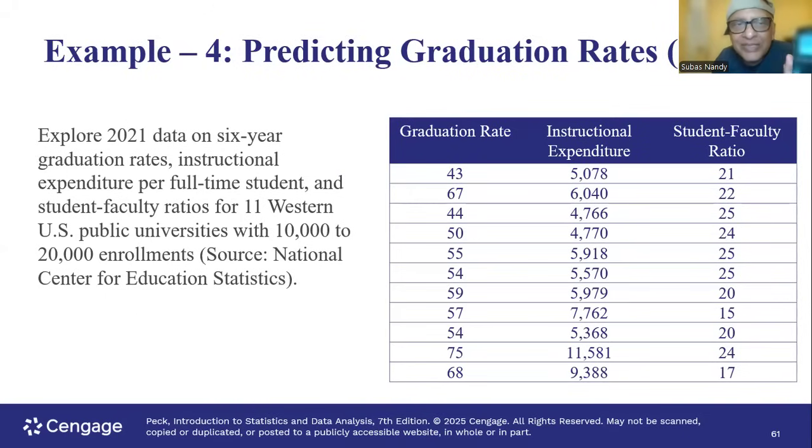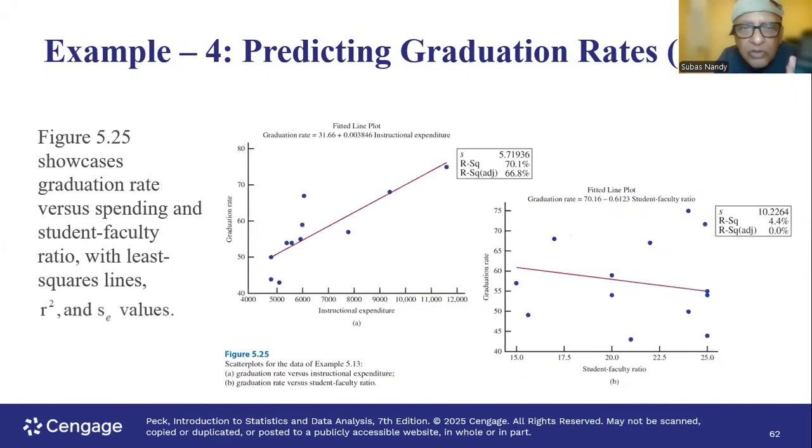So this is another data set, a 2021 data set on 6-year graduation rates, instructional expenditure per full-time student, and student faculty ratio for 11 Western US public universities with 10,000 to 20,000 enrollments. And we are going to get a fit between educational expenditure and the graduation rate.